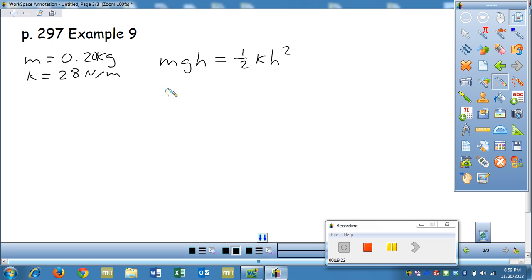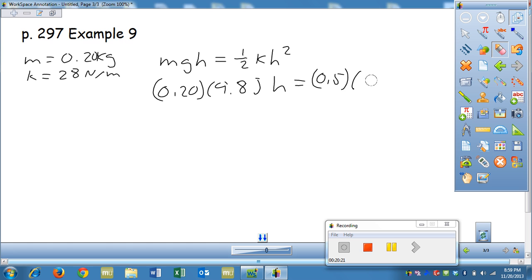Well, let's see. All we have to do is plug a few numbers in. 0.20 times 9.8 times h equals 0.5 times, oh no, it's going to be 0.5 times 28 times h squared.